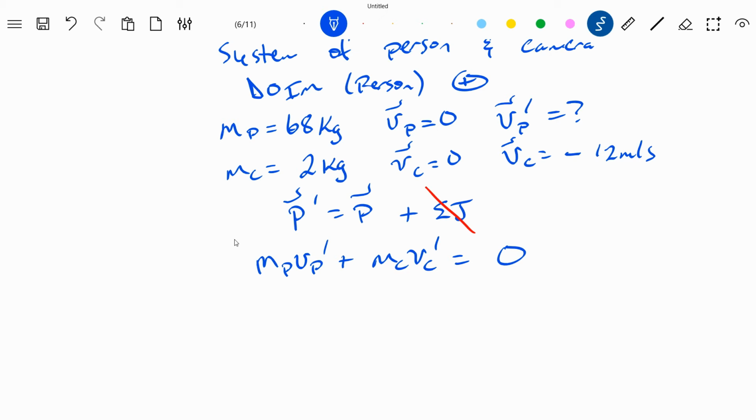This is going back to the question with the diver and the spear gun, right? They were stationary, she fired the spear, and the person went the other way. This is very analogous to that. So if you want the velocity of the person prime, simply subtract mass of camera, velocity of camera to the other side, and then divide by the mass of the person.